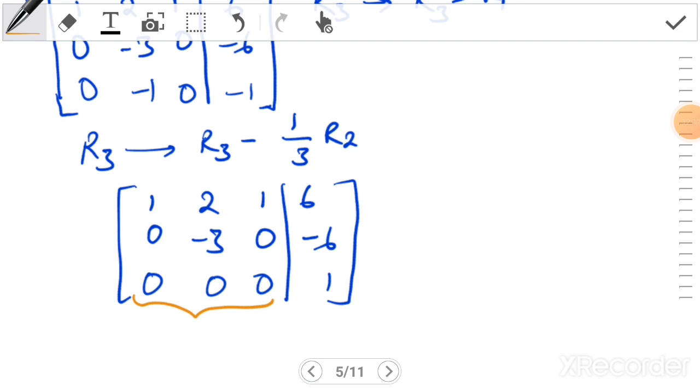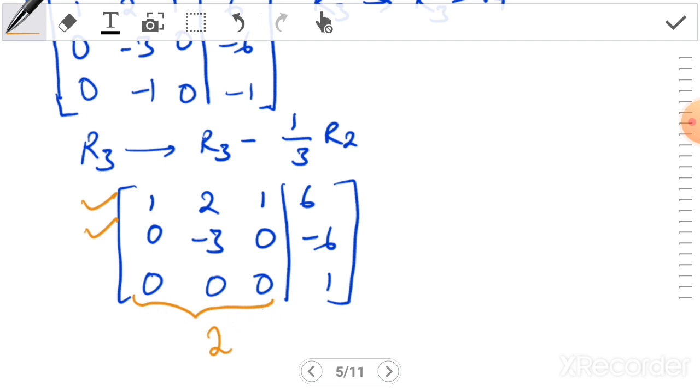So rank of the coefficient matrix, meaning the original matrix, is 2. Since rank of the matrix is the number of non-zero rows in its echelon form, we have 2 non-zero rows in the coefficient matrix.